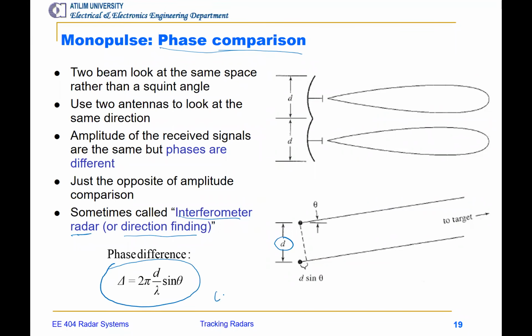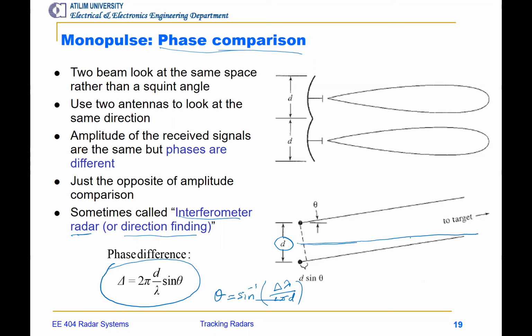Okay, so the theta here is simply the phase difference. So theta equals sine minus 1 of phase difference times lambda over 2 pi d. Okay, how do we do this? We simply take the bore side of these two antennas like this.